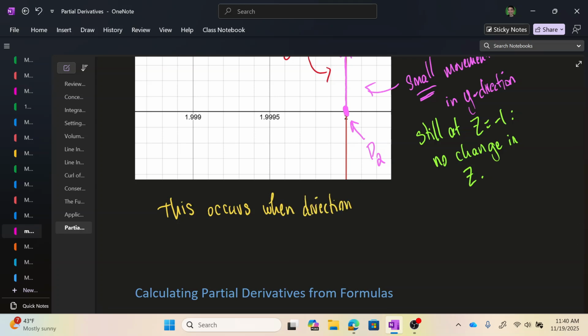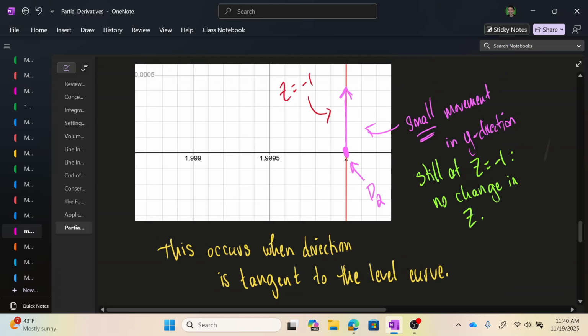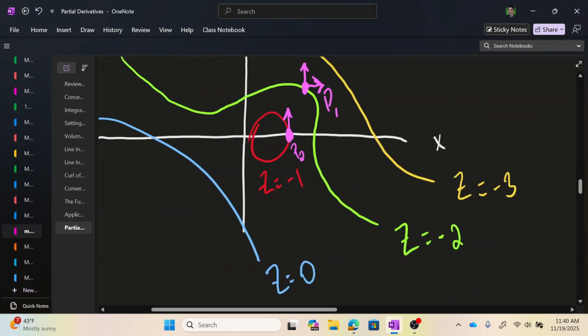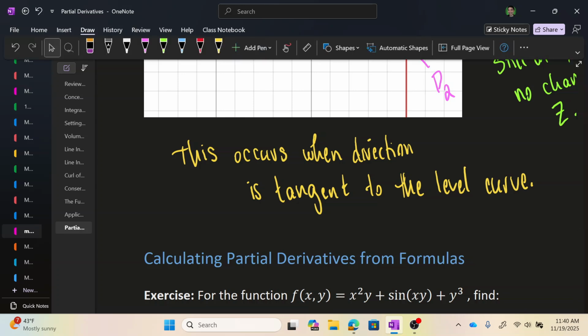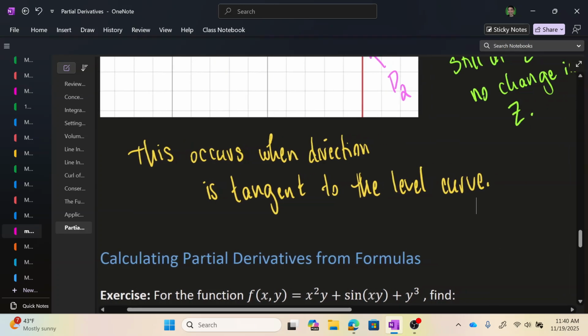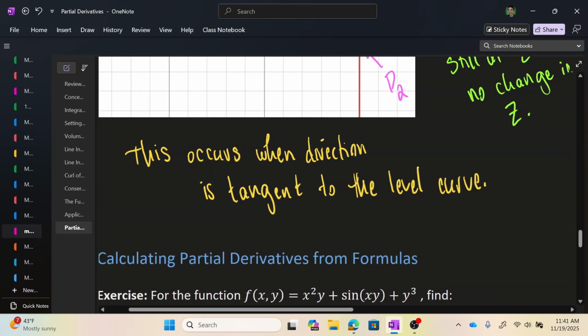If the direction that you are considering for your partial derivative is tangent to your level curve, in such a situation, a very tiny movement will result in essentially no change in the values of z. If your direction and your level curve are tangent, then z is not changing at all. Z remains constant, and so the derivative is 0.